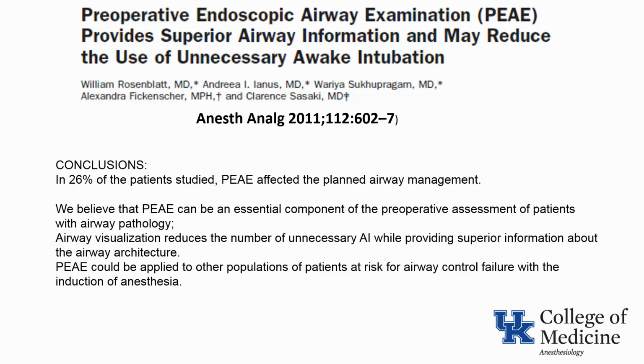What they recommended was, prior to going to the OR, numbing the nares and putting a pediatric or infant fiberoptic bronchoscope down through the nose and thoroughly evaluating the airway before deciding how to approach. And they found by using what they call PAE, Preoperative Endoscopic Airway Examination, that this changed their plan in about a quarter of patients.